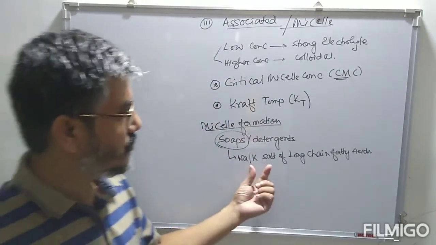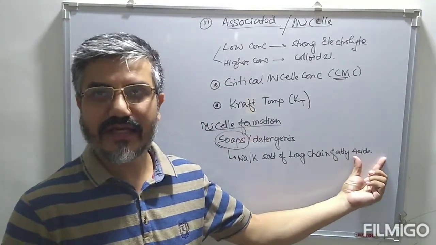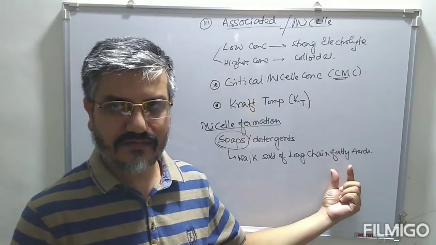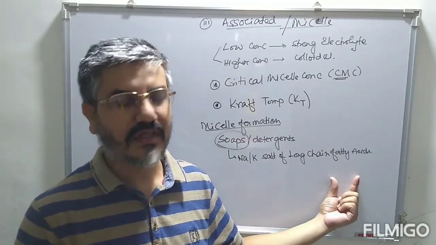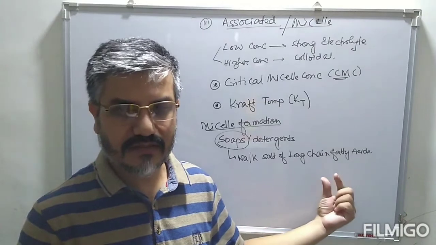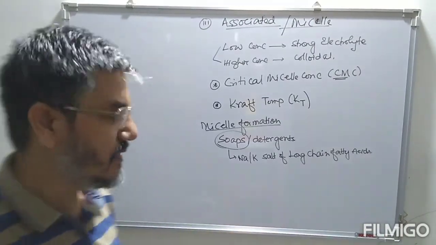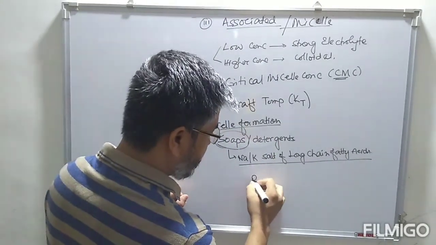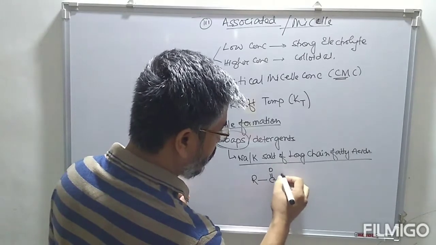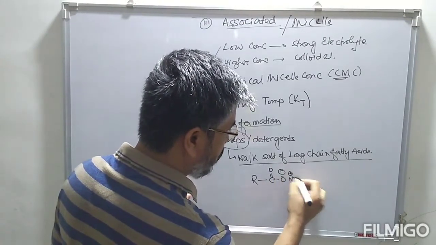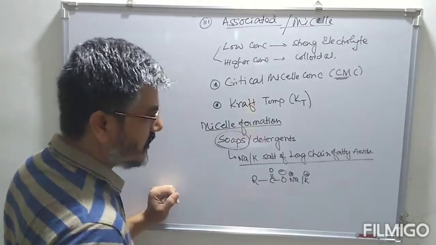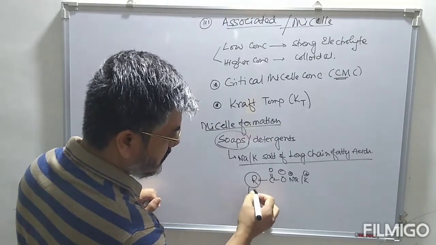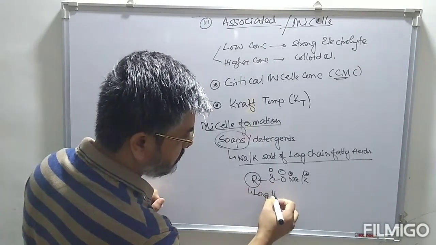Sodium or potassium salts of long chain fatty acids are classified as soaps. Long chain fatty acids means we have a large number of carbon atoms, like C17: stearate, palmitate, laurate. So the general formula can be RCOO minus, with either a sodium salt or potassium salt.